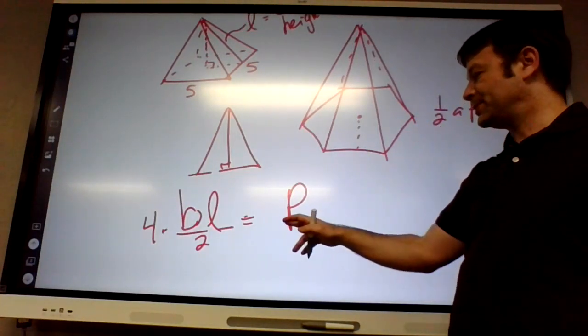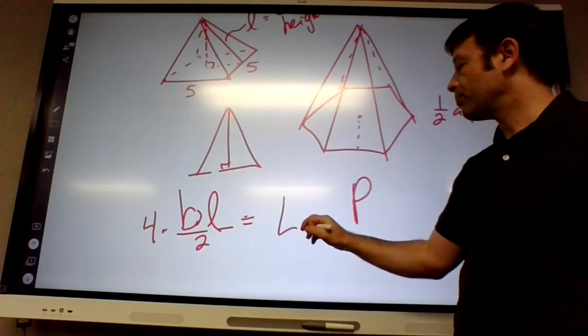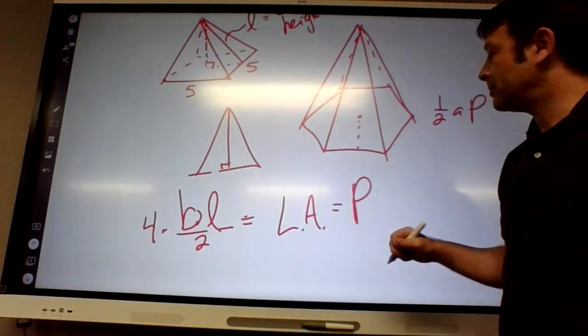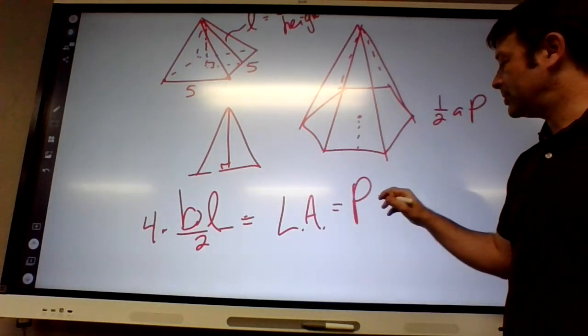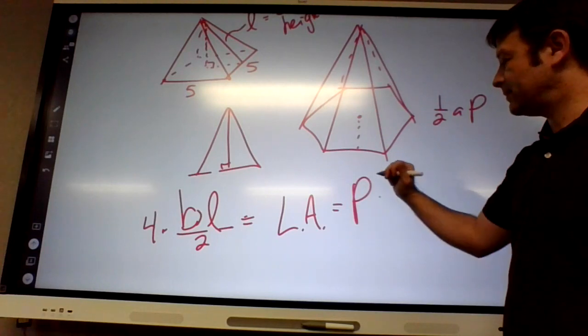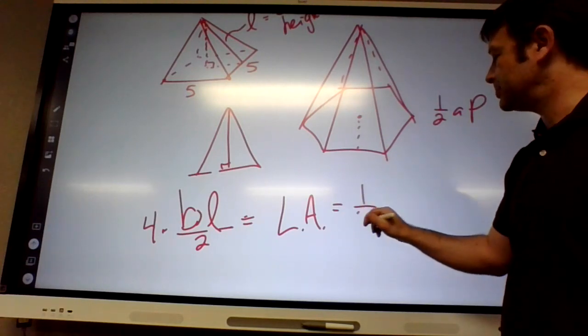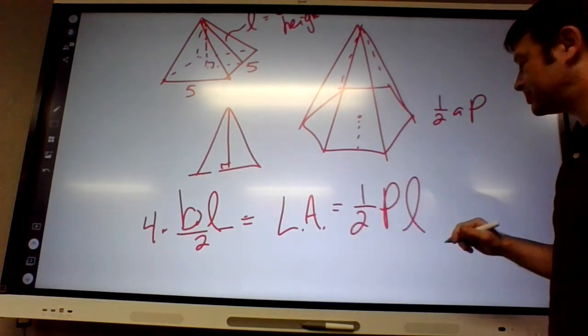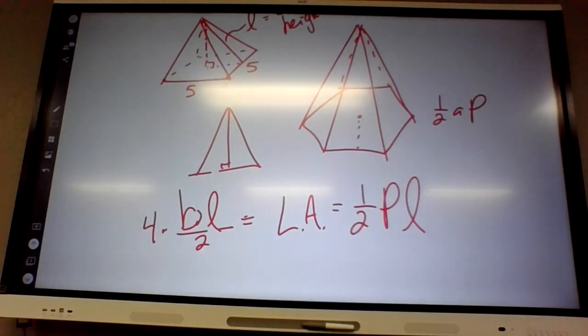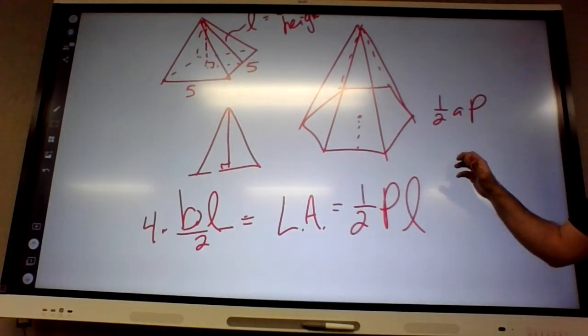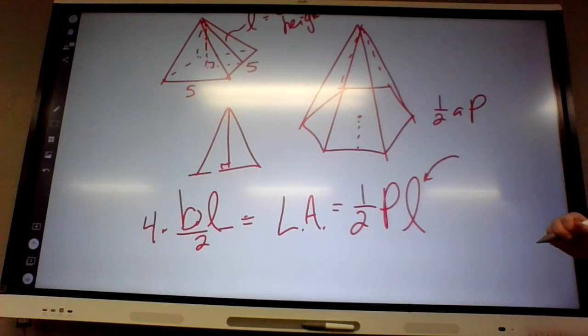For the lateral surface area of a pyramid, you do perimeter times slant height divided by 2. Let me write it with a times 1/2. 1/2 perimeter of the base times the slant height.